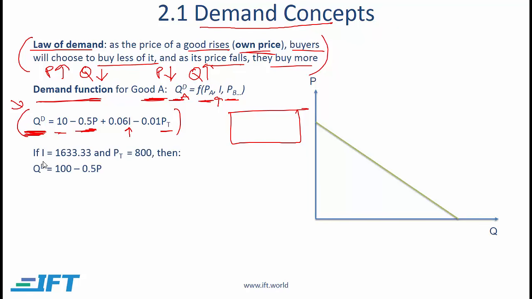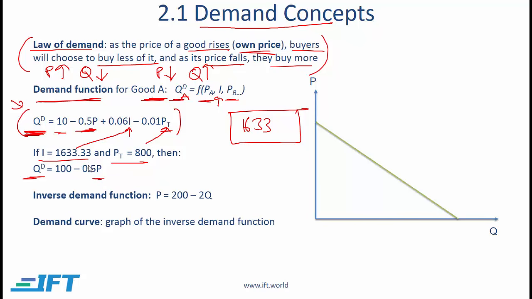If we take a given value for income, so let's say that in this town the average income level is 1633 and on average the price is 800, then we can plug in 1633 over here and 800 over here, and that will give us this expression. So this is expressing the demand for chairs purely in terms of the price of chairs. Now using algebra, we can express this function in terms of the price, and that's called the inverse demand function.